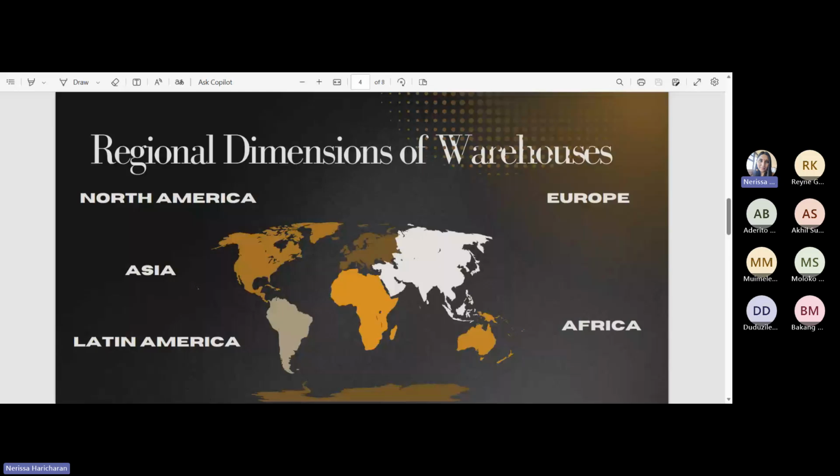But in regions that are growing, where there's booming trade activity and a better economy, there is an increasing demand for modern, more efficient warehouses that have better technology and better warehouse management systems, supporting the functionalities of that business, whether it's manufacturing, trade, distribution, or production. So that's basically an idea of what the regional dimensions are looking like, especially from a global perspective.